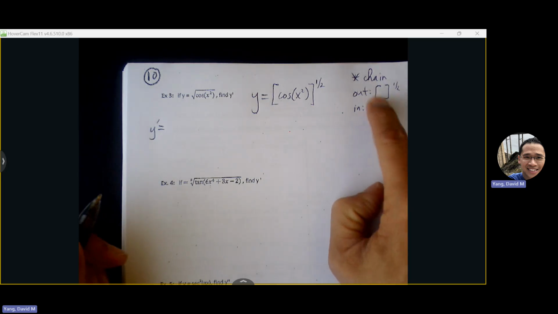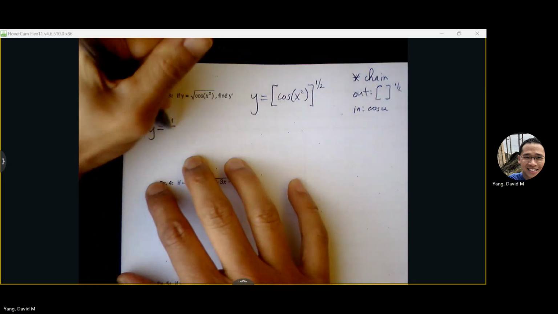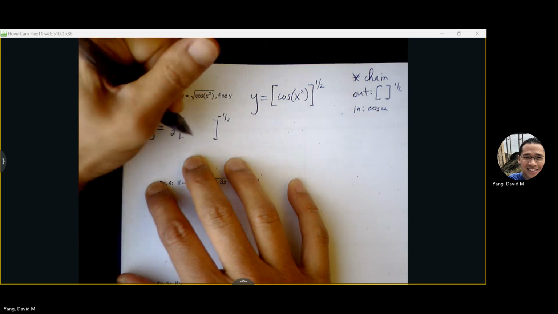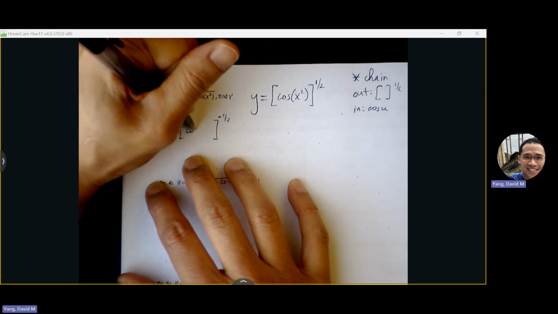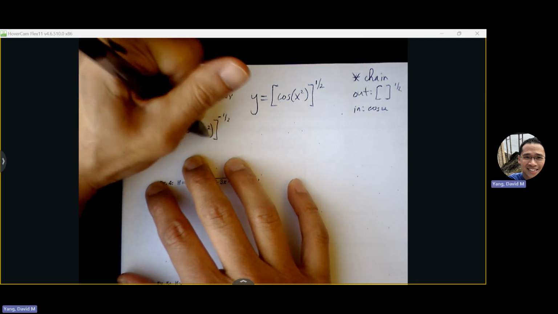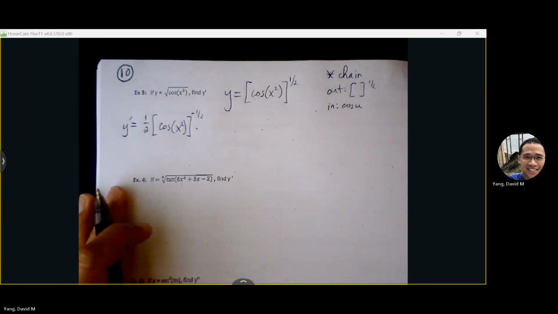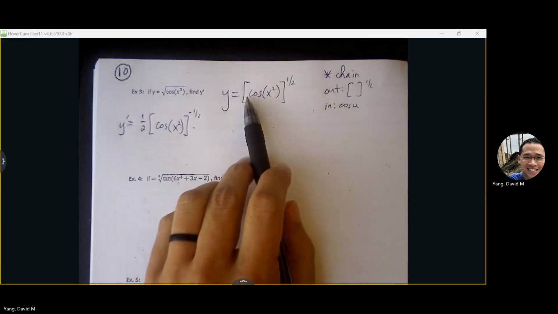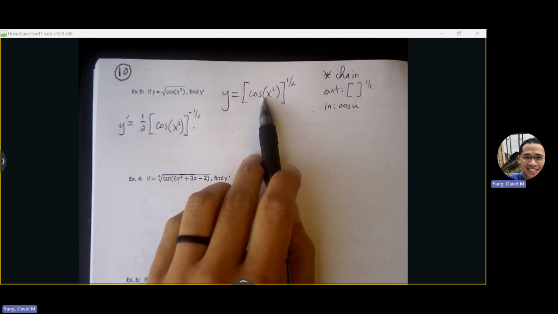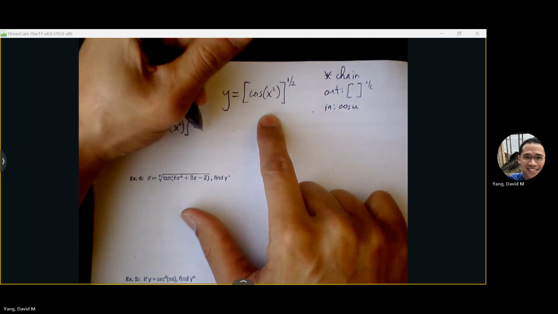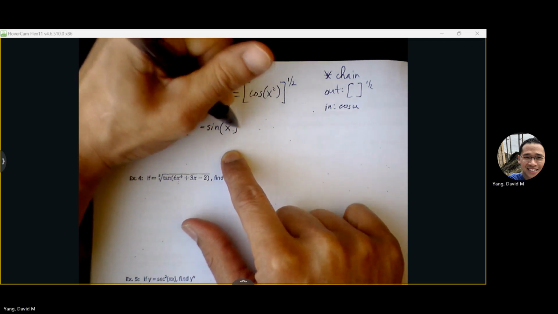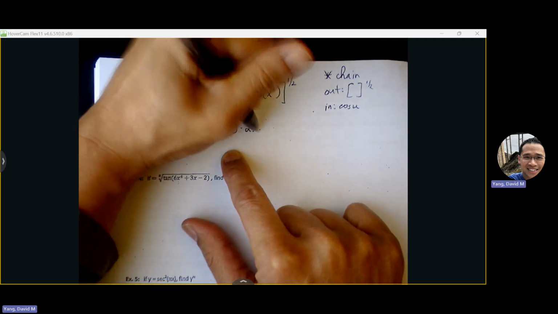Bracket to the 1/2. We do power rule there. Keep the inside portion intact. And cosine x squared becomes what? Negative sine of u times u prime.